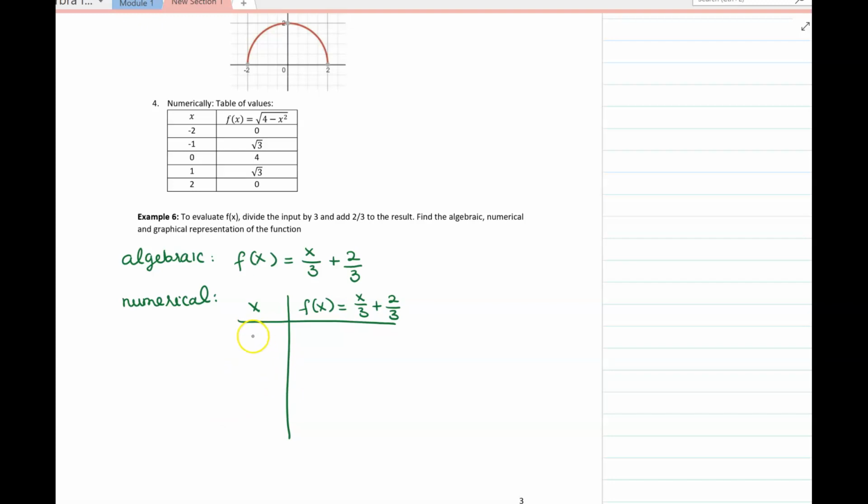You can pick any value for x. And you can graph.